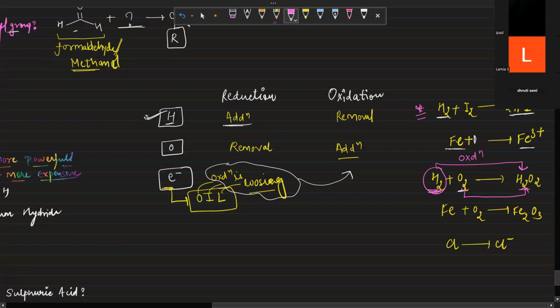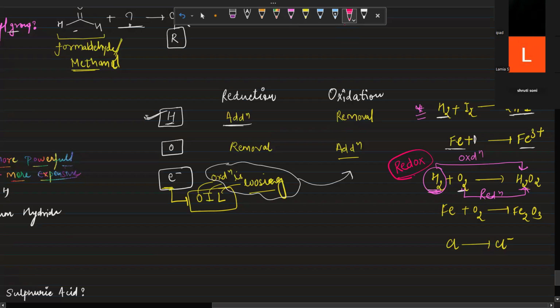Reduction. How? Because you're adding hydrogen. Yeah. So that is reduction. Now if in any reaction, oxidation and reduction both take place simultaneously, then that reaction is known as redox. Do you know redox reactions? I've heard of it, yeah. Okay.